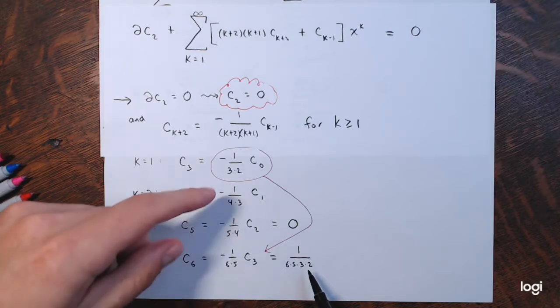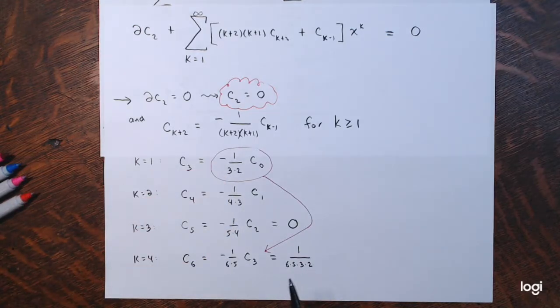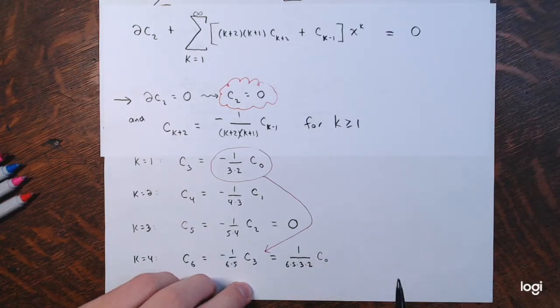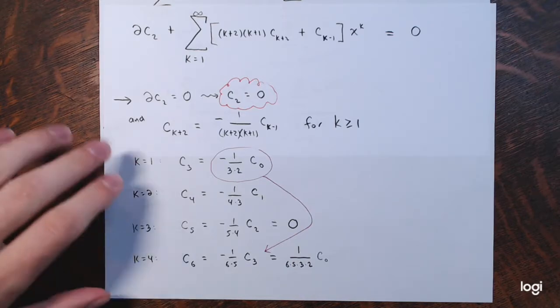Now I'm seeing like 3 factorial there, but this is not 6 factorial. We're missing a 4. So maybe that'll come into play. Just keep that in mind. Let's see if I can mess with that later.